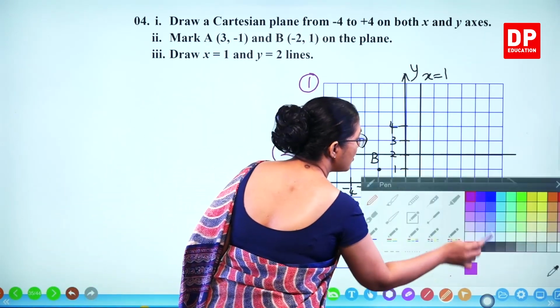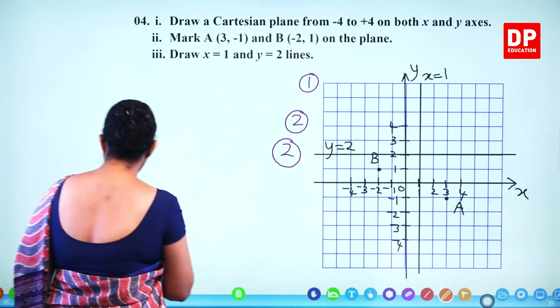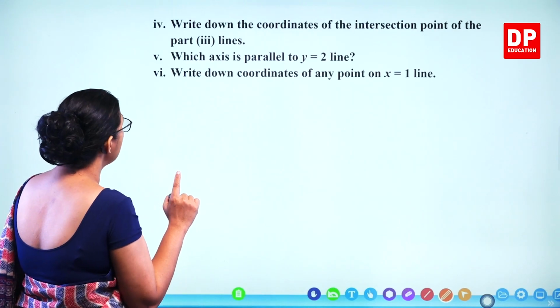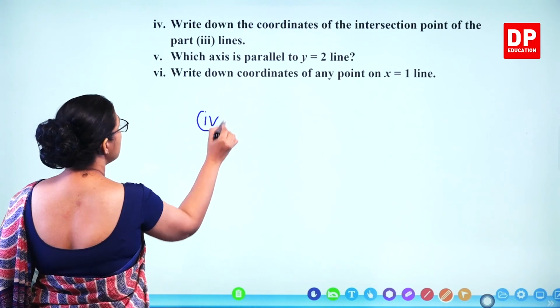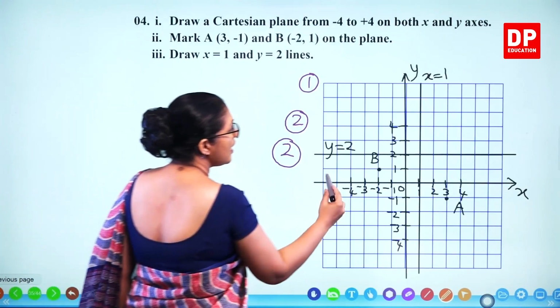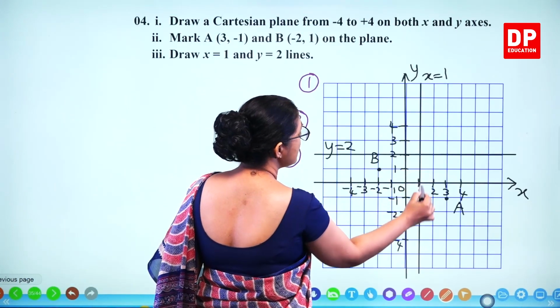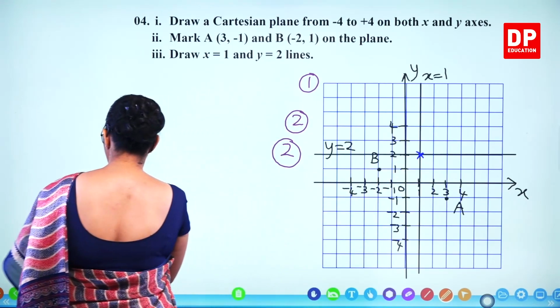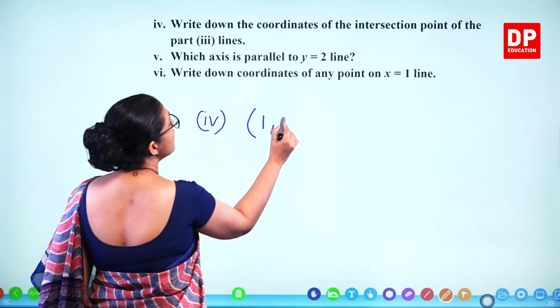So we have more questions related to this diagram. Write down the coordinates of the intersection point of the 3 lines. So let's see the coordinates. The intersecting point of this is 1 and 2. X equals 1, y equals 2.